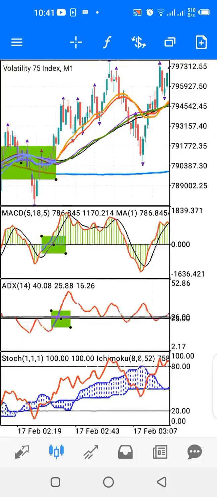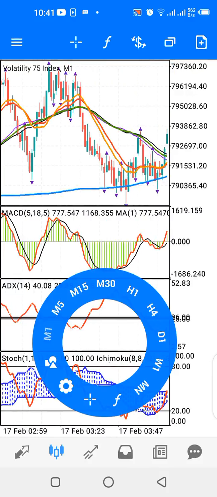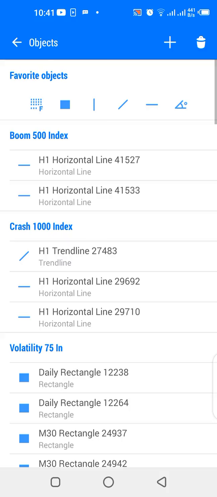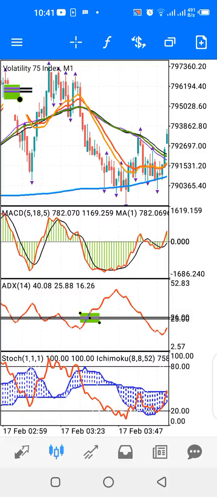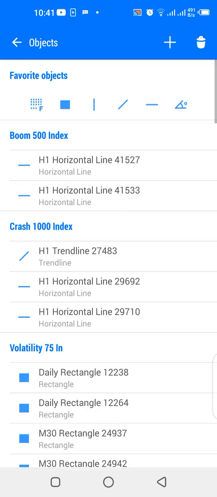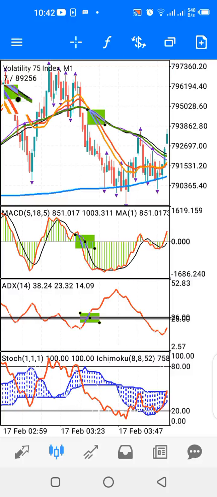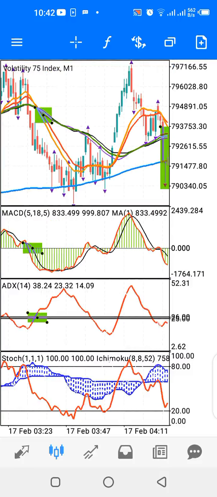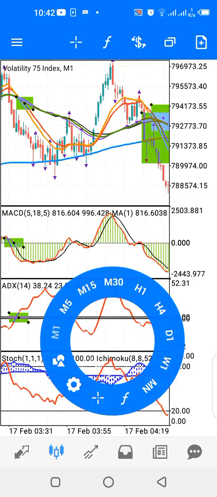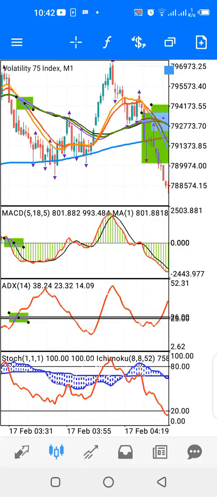Like we have around here. What opportunity do we have here? The sell opportunity. We have a sell opportunity. Like around here you stay out of action because the ADX line is below the 25, 26.